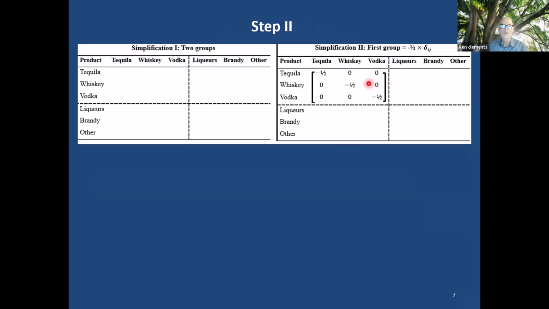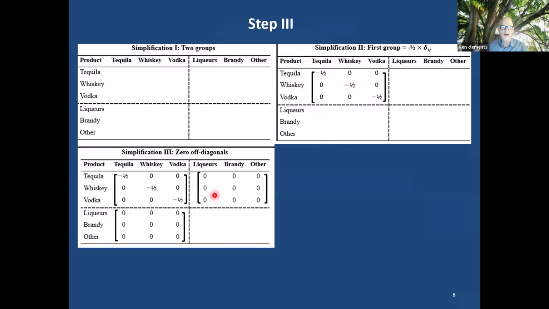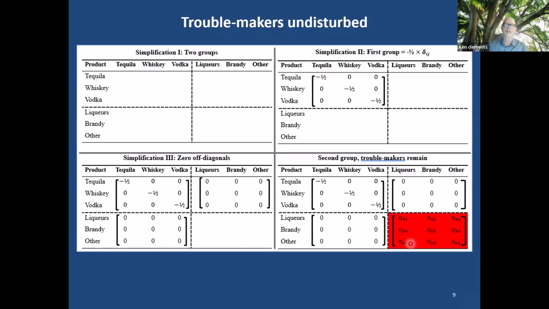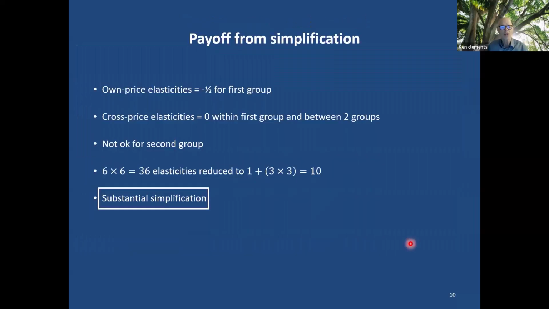Second of all, put the first group own and cross price elasticities equal to a scalar matrix minus a half times I, identity matrix. Put the off diagonals equal to 0 and leave the troublemakers as they are. So this is a major simplification, of course, because we've reduced the 36 elasticities to 10, substantial simplification.